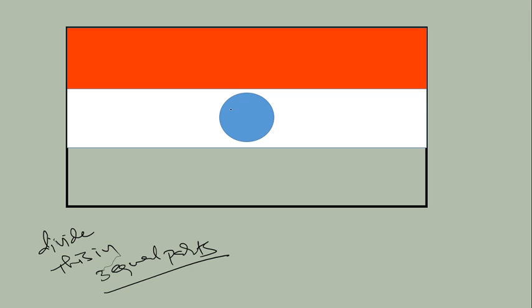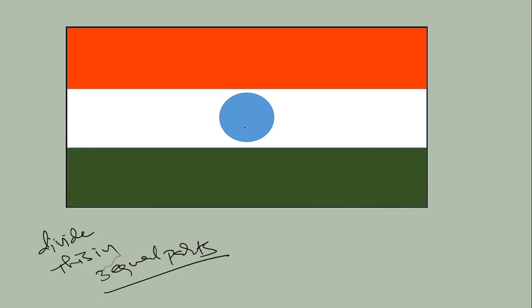We will draw it like this. You have to draw the 24 arrows like this. In the Ashoka Chakra, there are 24 arrows, so draw 24 arrows. Then the third one is like this, colored with green. It looks like this. So here you can write that it is exactly divided into three equal parts.